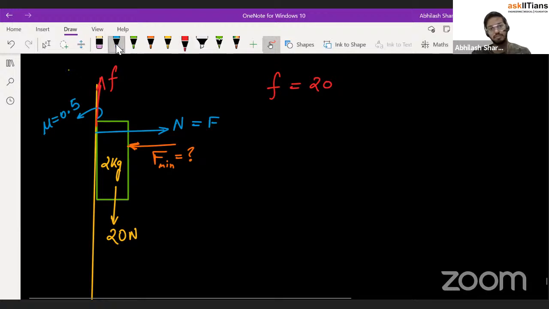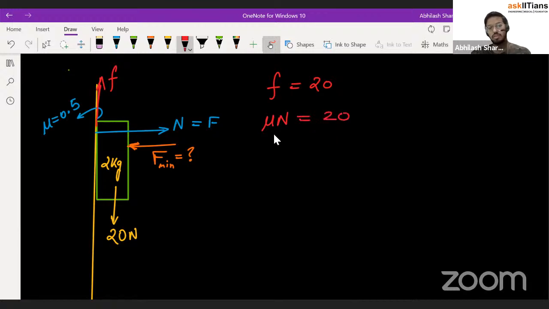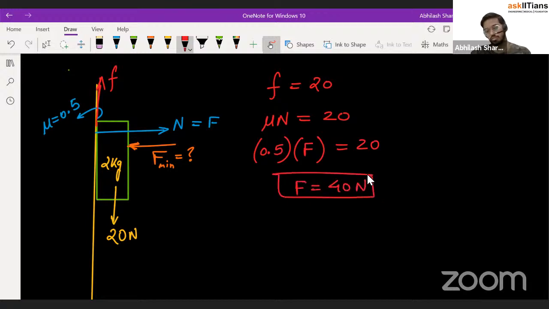And it balances out. Now, how is friction given? It's given by mu into N. What is mu? 0.5. What is N? The force we have applied. That should be 20. So F is 40 newtons. This much force we need to keep it stationary.